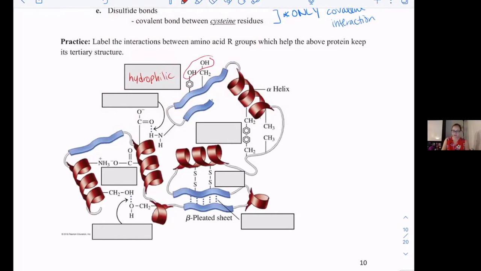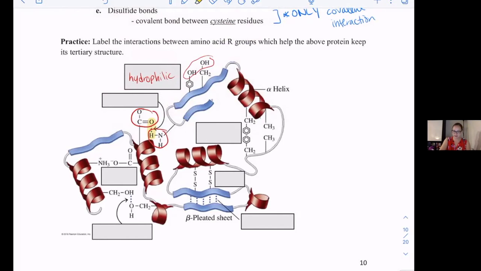Okay, let's go down to the one right below it. So we have this carboxylate with a hydrogen bond to an amine. Specifically this bond here is what we're talking about. So when we have a charged carboxylate and a charged amine, depending on the pH, but two charged amino acids.